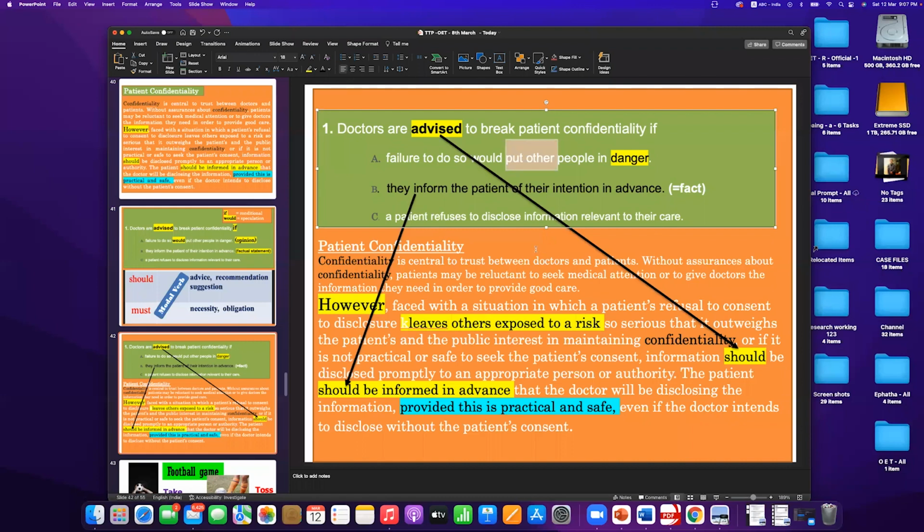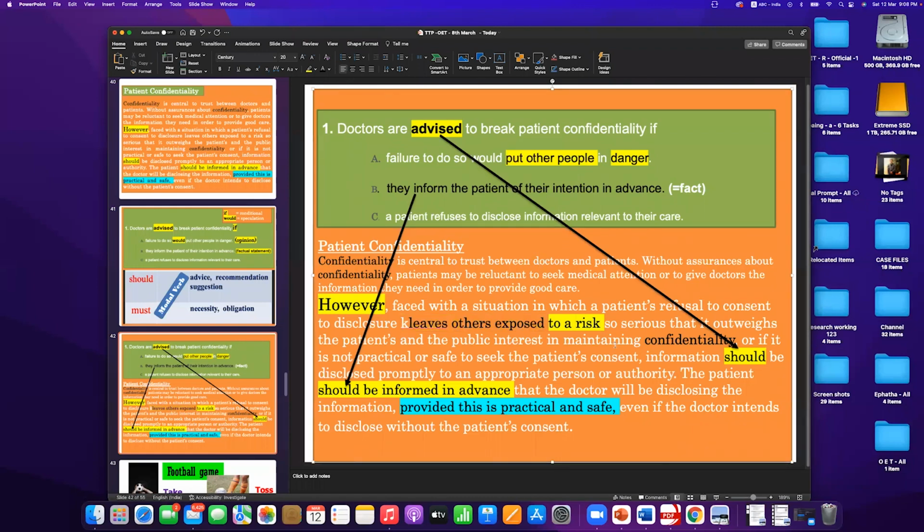And all those things are connected. That's what I said. Looking at the question and this paragraph, a teacher definitely knows if he or she is competent. Looking at this contrast word, this is a question based on exceptions. Confidentiality is central to trust between doctors and patients is the categorical statement, the topic sentence. But in the second part, after the contrast, they are giving the exception.